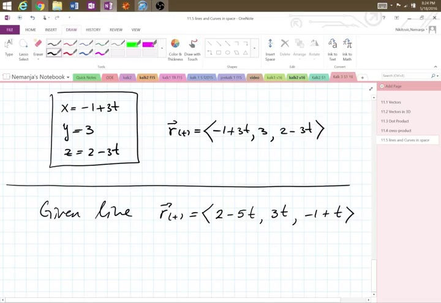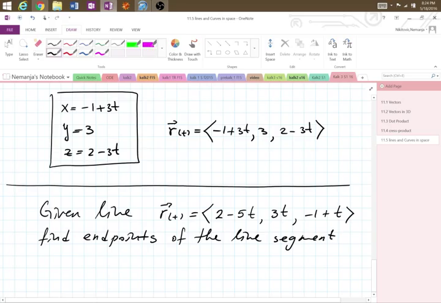There we go. Find endpoints of the line segment with t being trapped between 0 and 3, let's say.